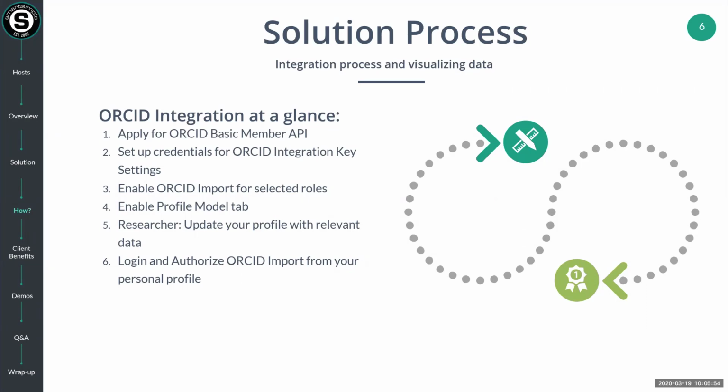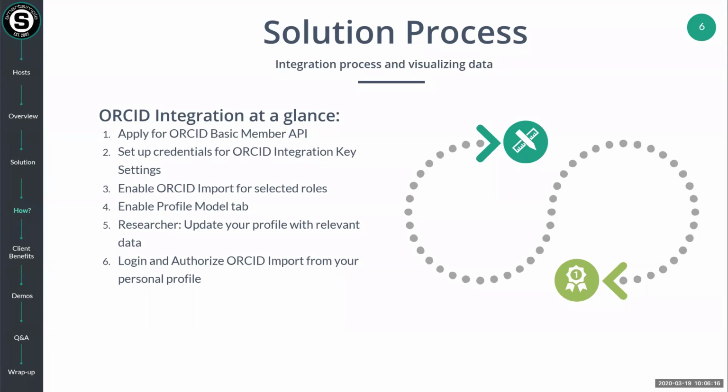Essentially, you provide ORCID with the URL instance of your SmartSimple platform, and you sign up for the service, and in return you get a token key, which we will plug into SmartSimple to allow the transfer of data to go back and forth.